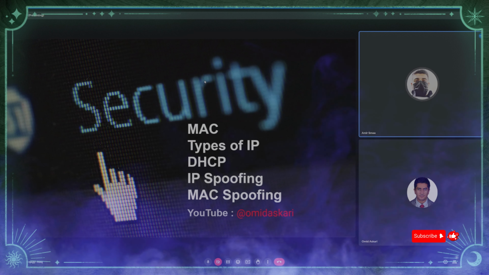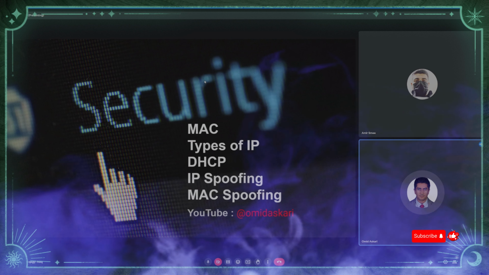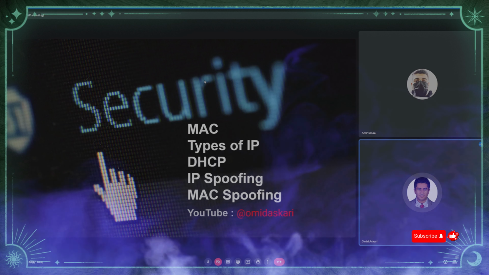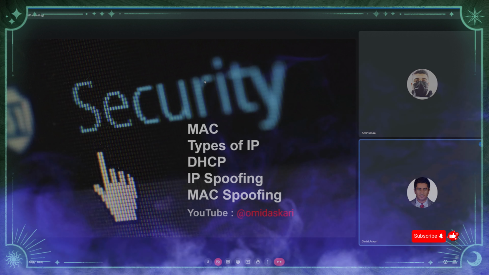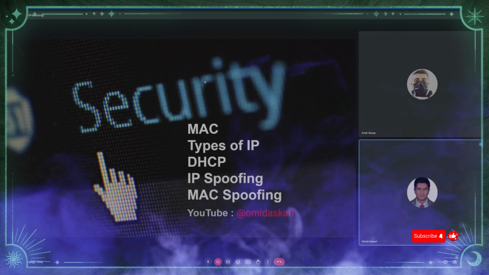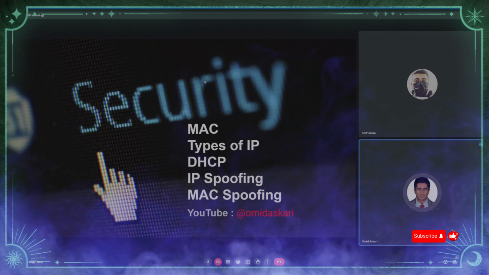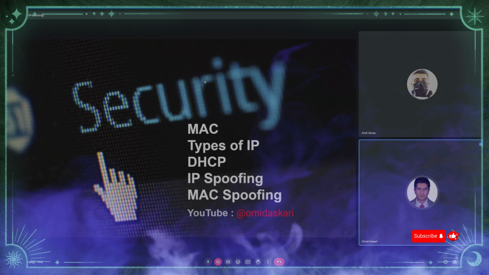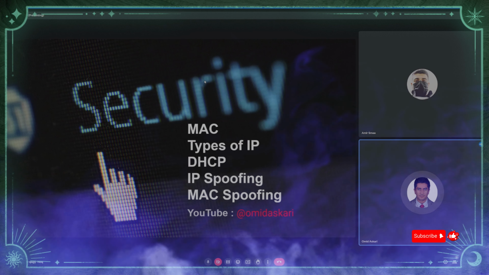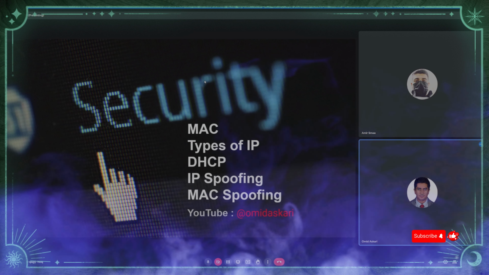A comprehensive security strategy that includes protection against IP and MAC spoofing should consist of several different layers of security, such as physical security, network security, and application security.